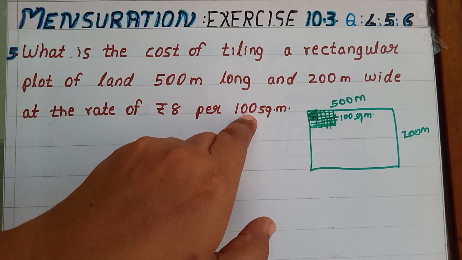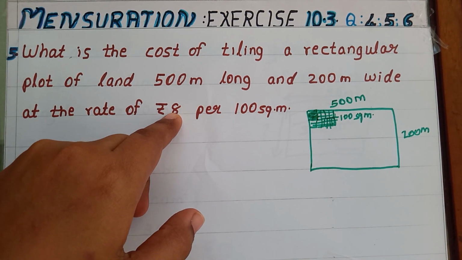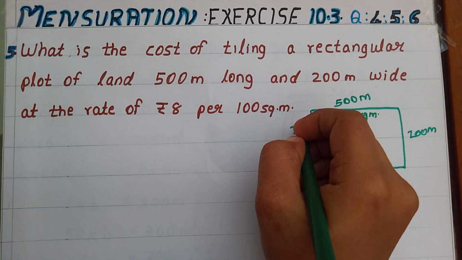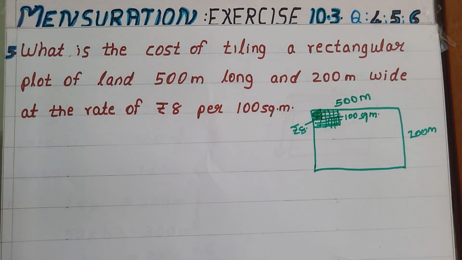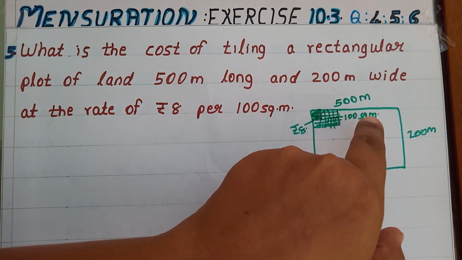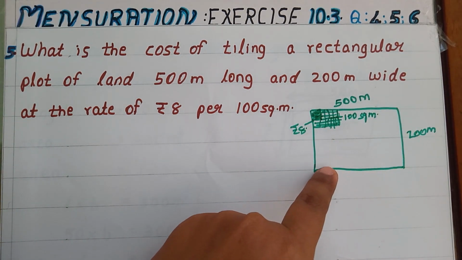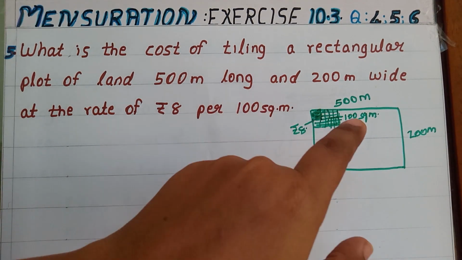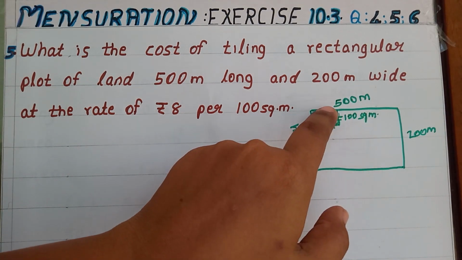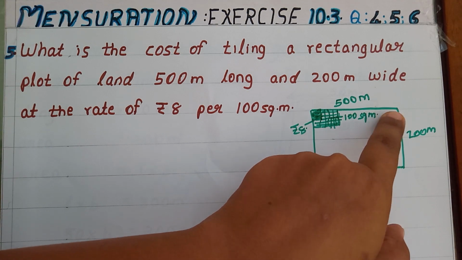For tiling this plot, we have to pay rupees 8. So our next aim is, how many such 100 square meter pieces we will get from this entire rectangular plot. Okay, so for finding that, first we should find the area of this rectangular plot.